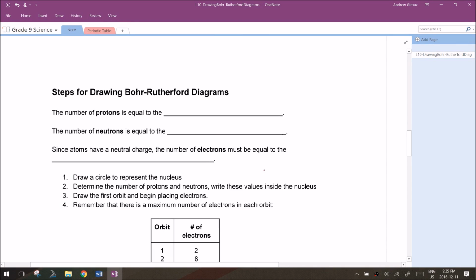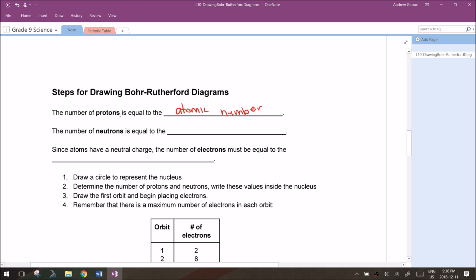So before we start drawing our Bohr-Rutherford diagrams, there's a couple important pieces of information that we need to know. The first one is we're going to look at how do we know how many of each of the subatomic particles there are in an atom. So the number of protons is always equal to the atomic number. Okay, so if you're given an atom, and you know the atomic number, that tells you how many protons you have.